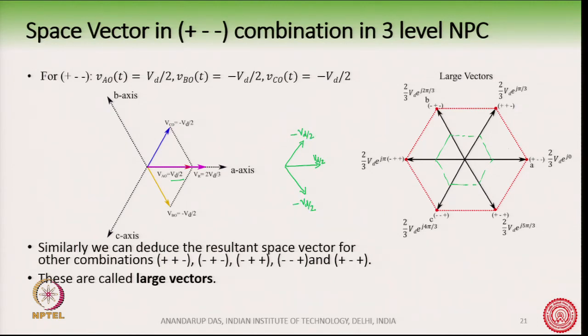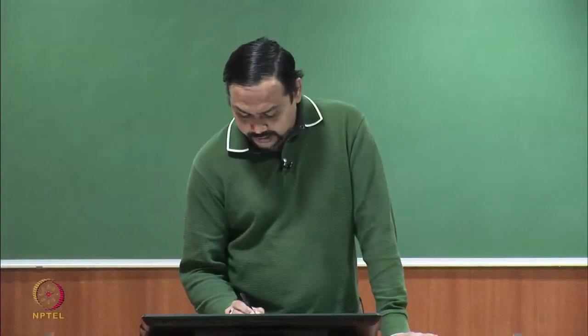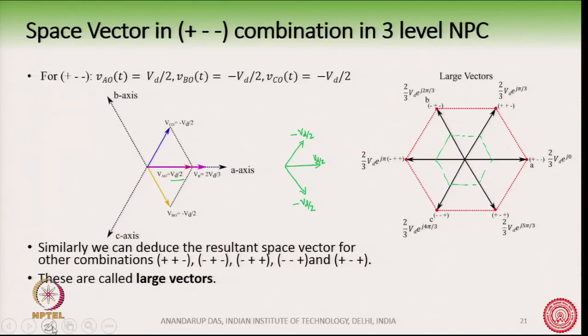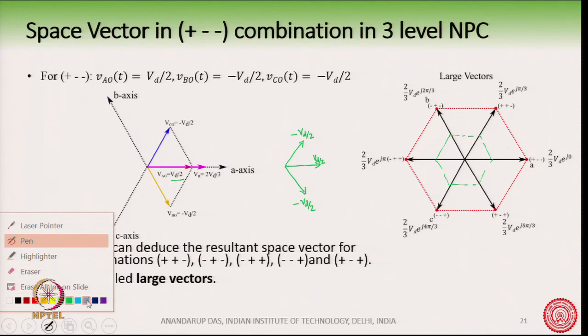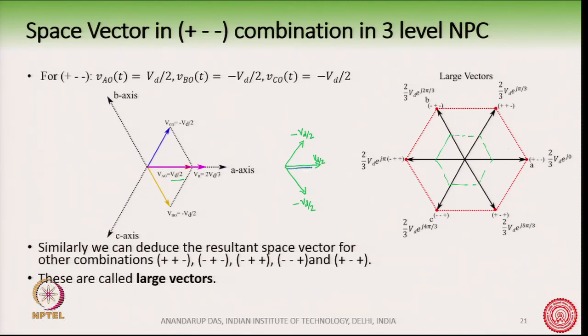So, this is plus Vd by 2, this is minus Vd by 2, and this is minus Vd by 2. If you add these 3, this will give me the resultant Vr, again with a 2/3 multiplying factor.